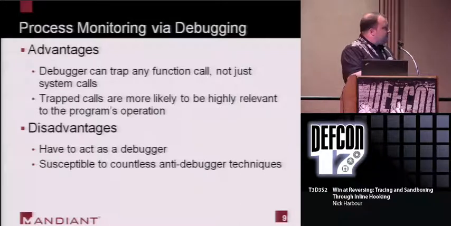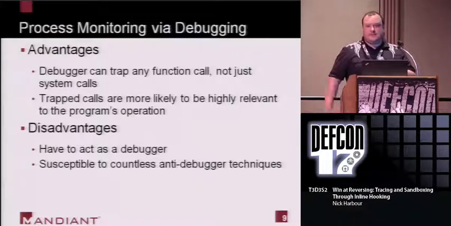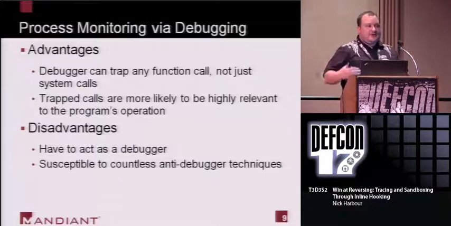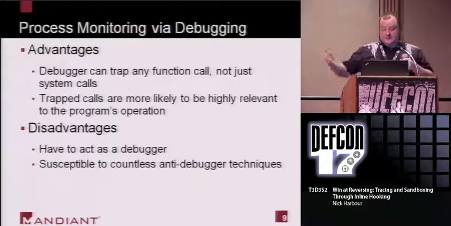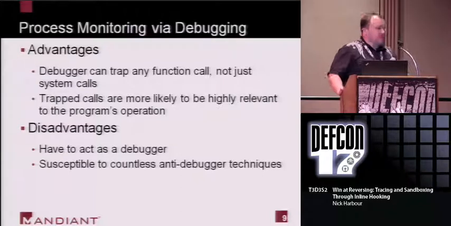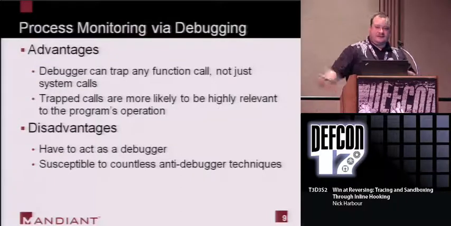The main disadvantage is you have to act as a debugger. Once you act as a debugger, then you're thrown into the cat and mouse game of debugging and anti-debugging and anti-anti-debugging. You can play in that game if you want. I was just looking for an easy, cheap way to circumvent the whole thing and not have a debugger involved whatsoever.